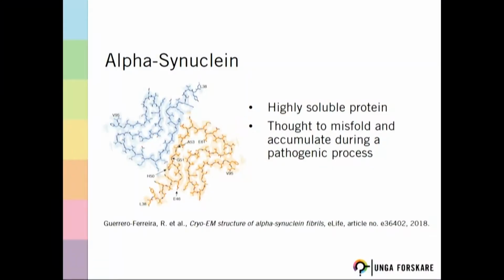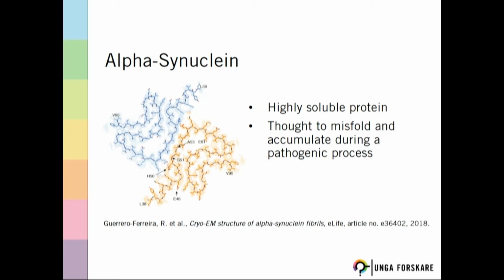Alpha-synuclein is a highly soluble presynaptic protein found in healthy vertebrate brains. It is proposed that during a pathogenic process, single alpha-synuclein proteins misfold, accumulate, and form large insoluble alpha-synuclein fibrils and acquire neurotoxic properties along the way.